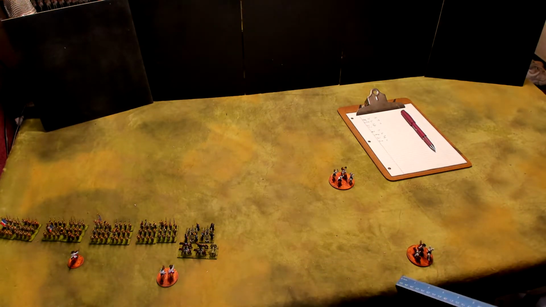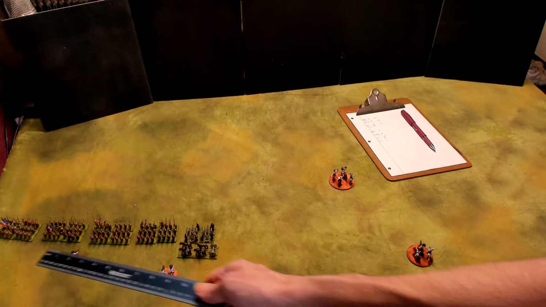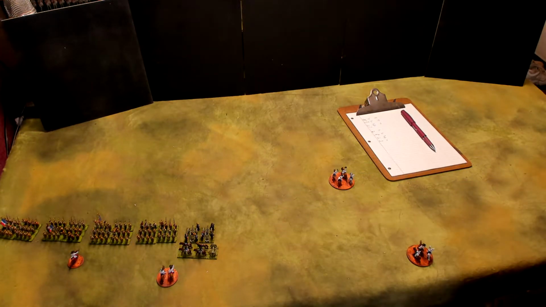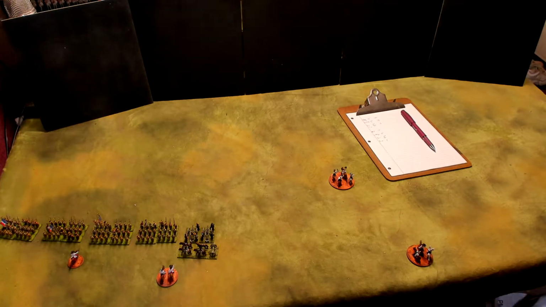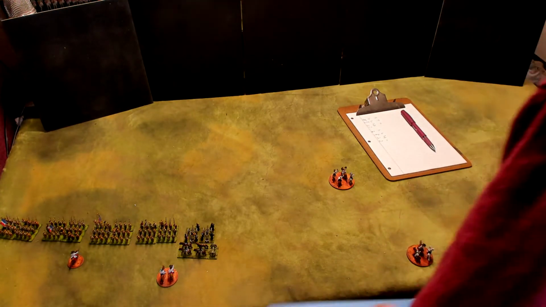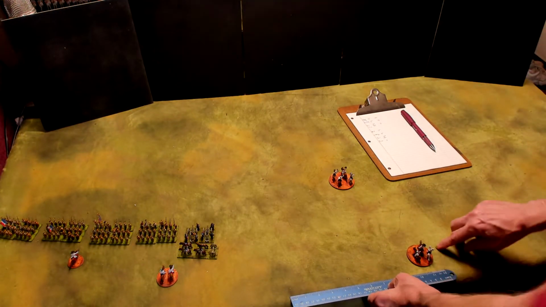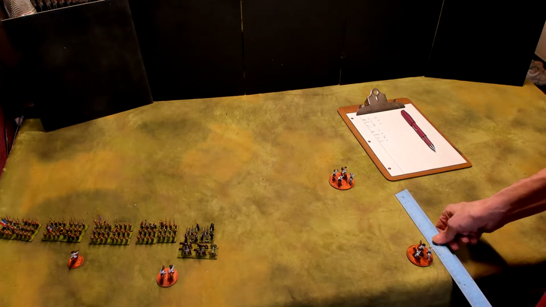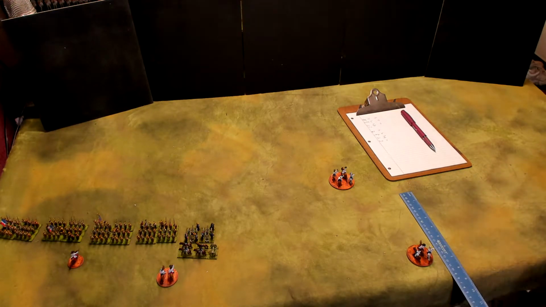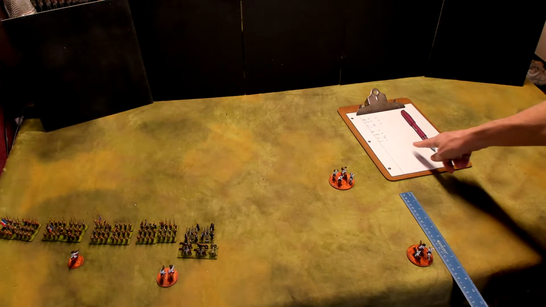Because I doubled it, Reille should be able to command all of his divisions on the table, because this is more than halfway across the table. Right? 1, 2, 3. That would be the 6-foot mark right there.